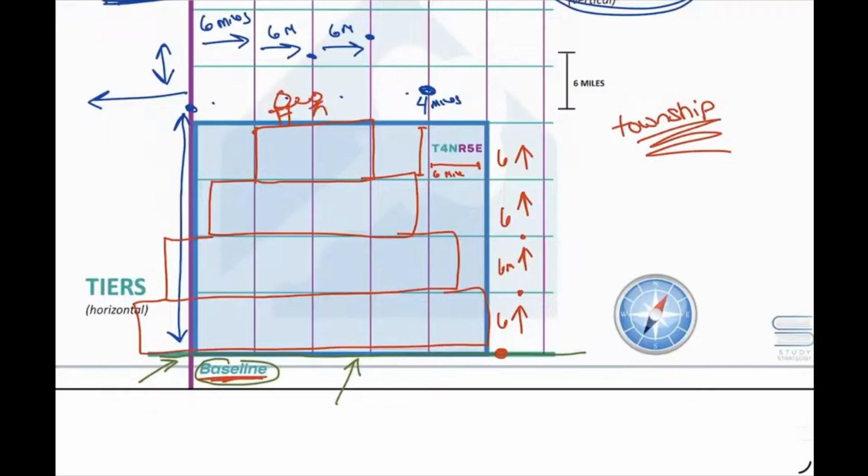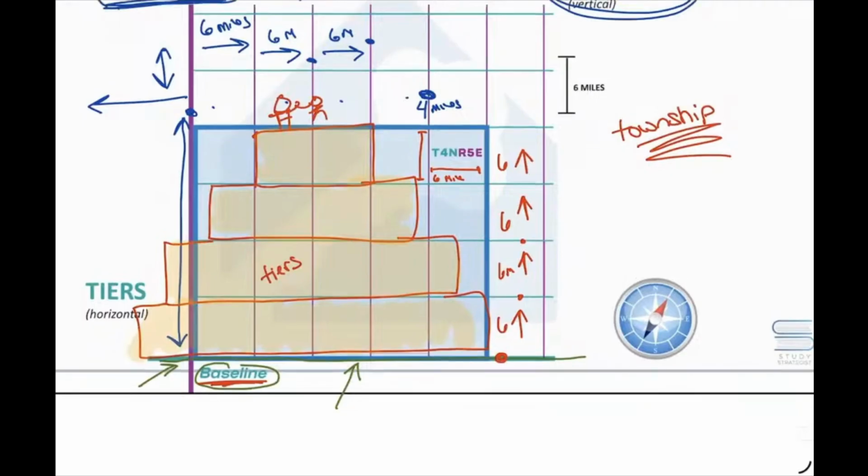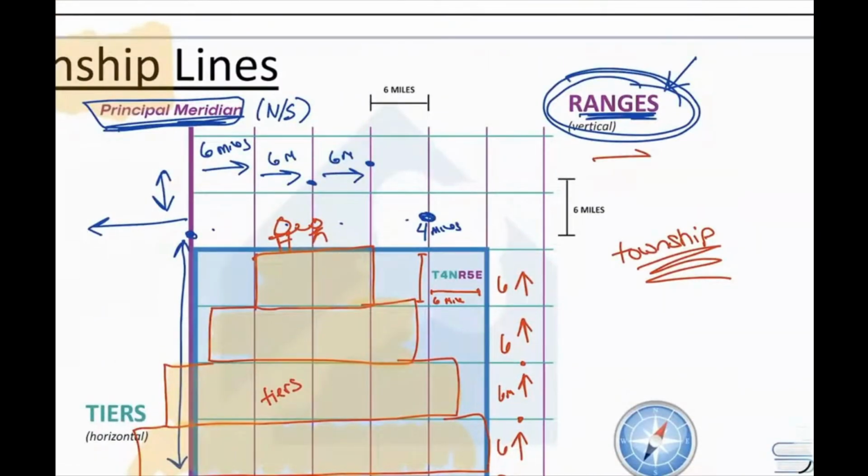This is a wedding cake. It's a very hideous wedding cake. All of these different levels of your wedding cake, the different levels going up, these are going to be tiers. And just remember, tiers are like tiers on a wedding cake, and ranges go right to left. All right, but we're going to get to that zigzag.